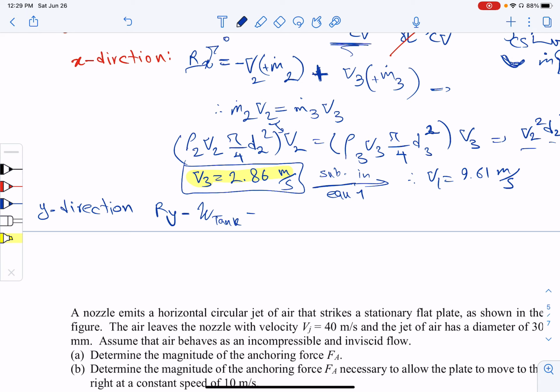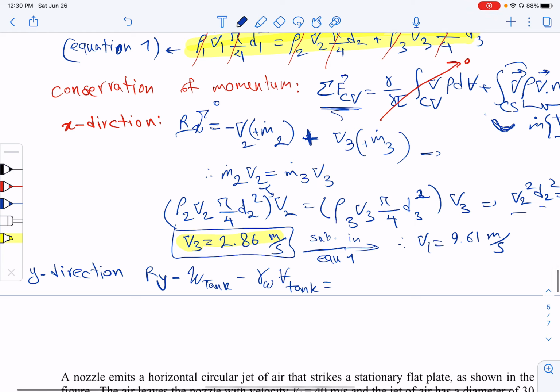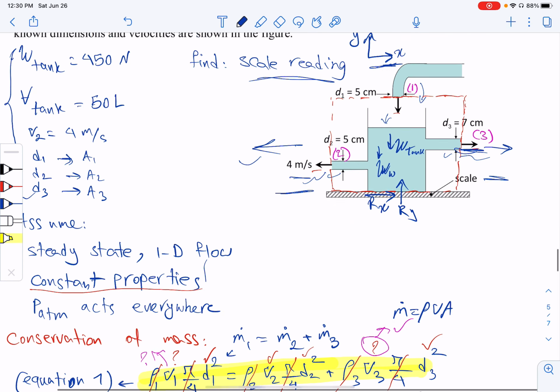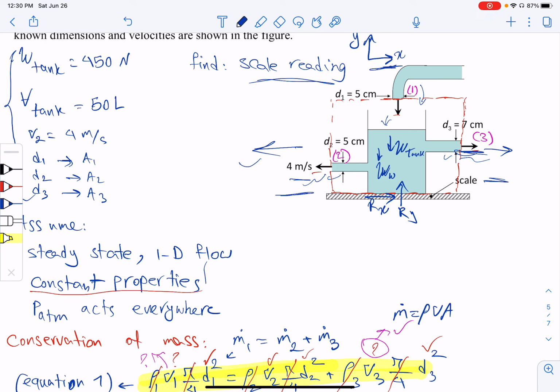We have the weight of the water, which we can also say is gamma of water times the volume of the tank. Then on the right hand side of the momentum equation, we only have m dot 1.